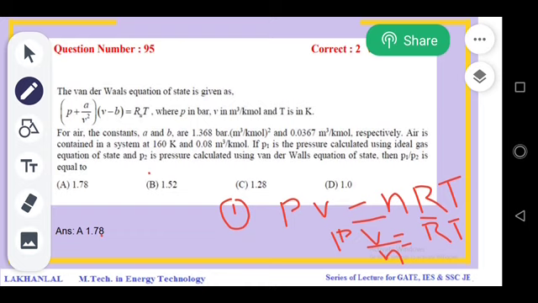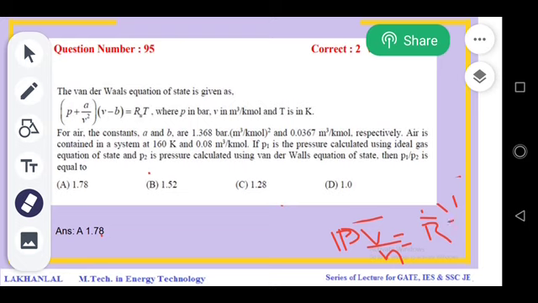You have everything, you just find out this P. And then you find out P2 using this van der Waals equation. A and B you have, V you have, R universal you have, everything you have. You just have to find out this P.